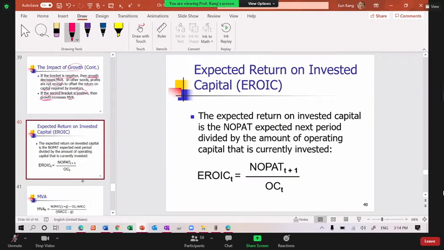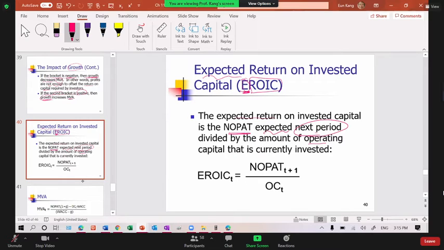Next concept, expected return on invested capital. There's ROIC, but it's expected, EROIC. Expected return on invested capital is the NOPAT expected next period, divided by the amount of operating capital that is currently held.